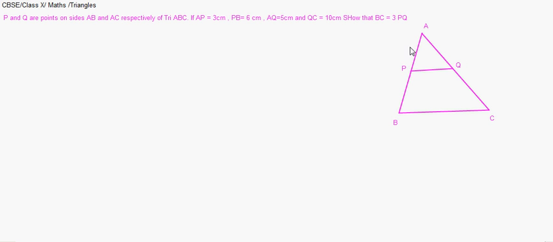It's given AP to be 3 centimeters, PB to be 6 centimeters, and AQ is 5, QC is 10. We have to find BC and PQ. If I can prove the similarity of APQ and ABC, we can apply the proportionality and thereby find the values.